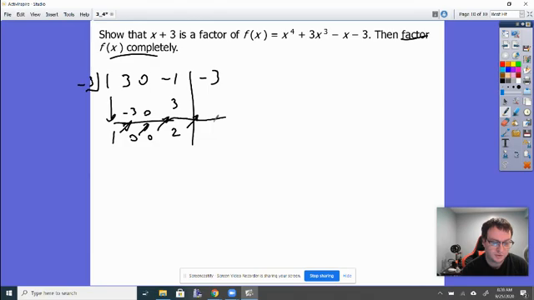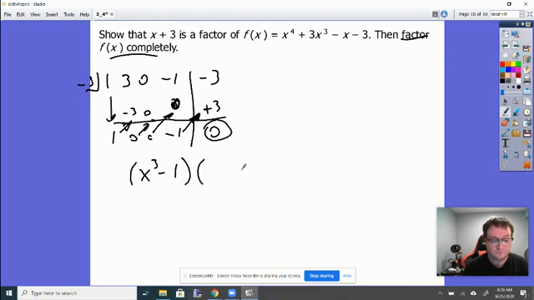Made a mistake somewhere. 1, negative 3, 0, 0. Oh, this should be 0, sorry, which means this is negative 1. I was going too fast. Negative 1, and then positive 3, 0. Okay, so remember, because I have a remainder of 0, then this truly is a factor. So then we have x cubed minus 1, and then x plus 3.